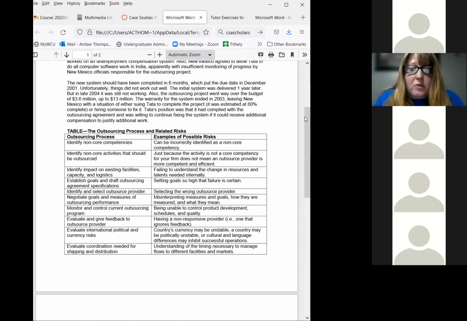Or if it's made a certain way, we can't sell it here, especially with food or drugs, pharmaceuticals, those kinds of things. What's something else? And we're talking about workers' compensation. So does India even have workers' compensation?